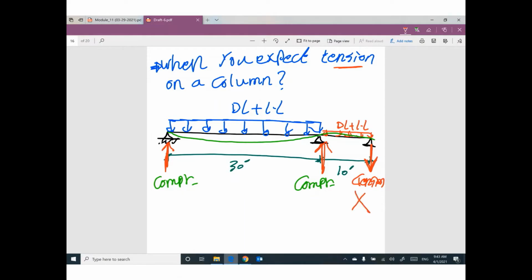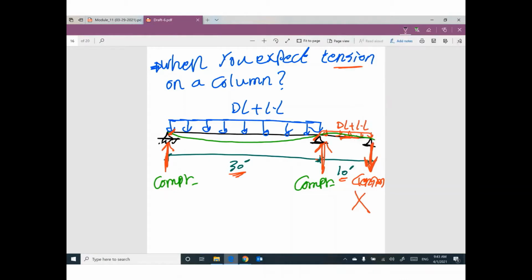That means your layout of columns is not efficient. You made one span very long and the other span very short. The layout of your columns should be adjusted to make sure all columns are under compression.